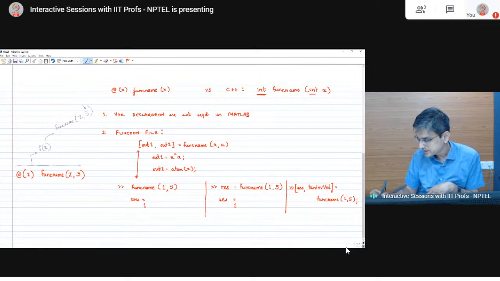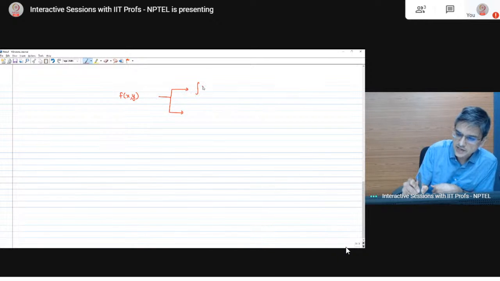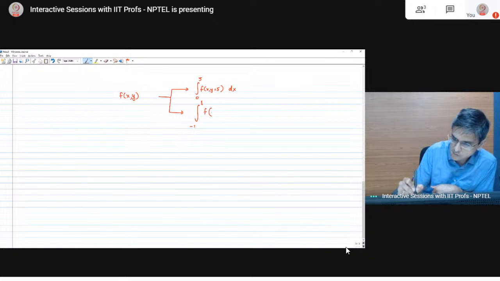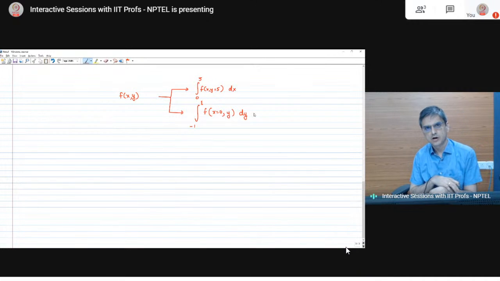Let us say you had a function in two variables, and you wanted it to be used for two different purposes, say integral, okay, you'll be able to use this for both these purposes, provided that f is the same.